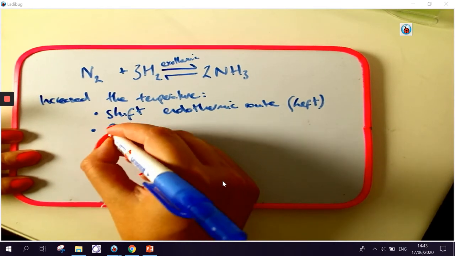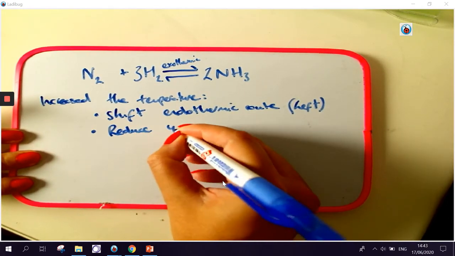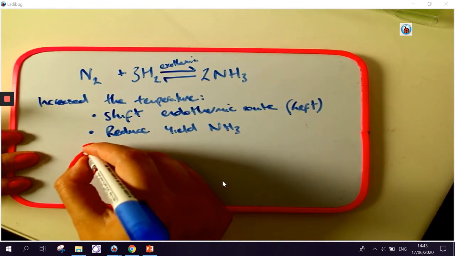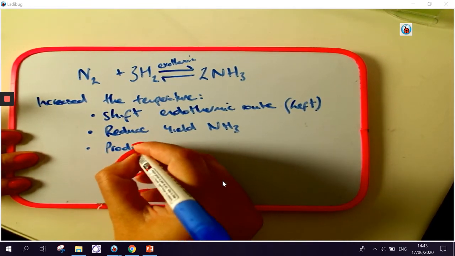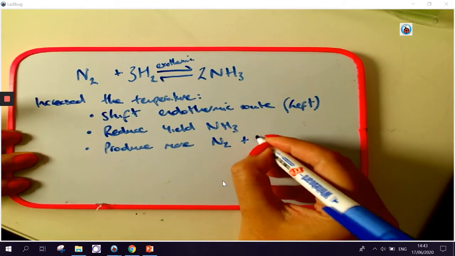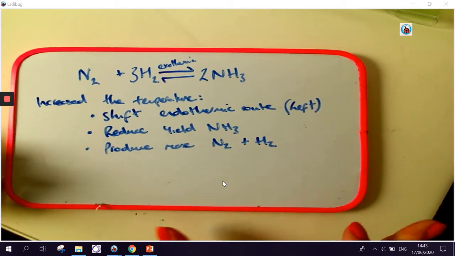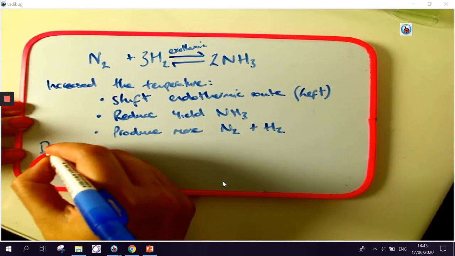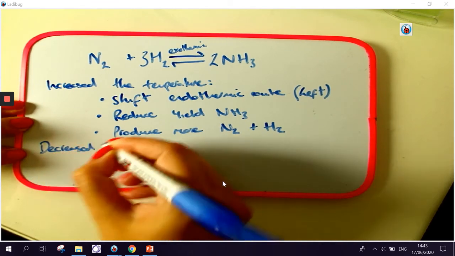That will reduce the yield of NH3, of ammonia, and produce more nitrogen and hydrogen. Now that's one of the reasons why this reaction actually favours a lower temperature. So let's go through what would happen if I decreased the temperature.